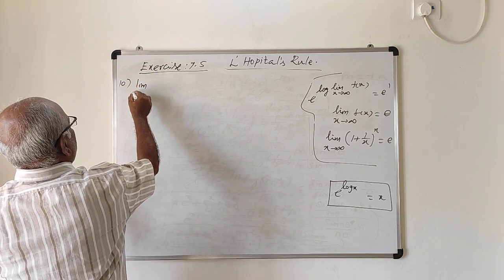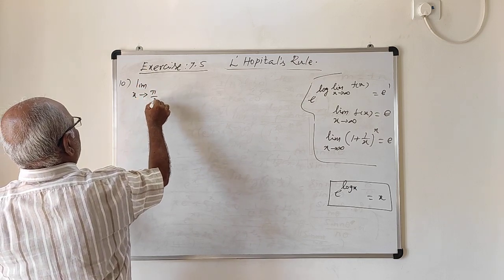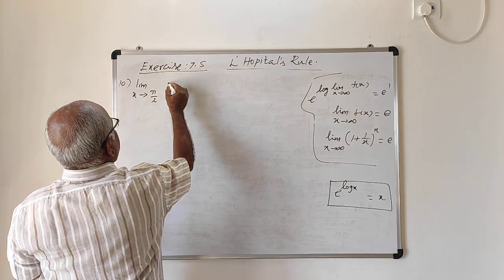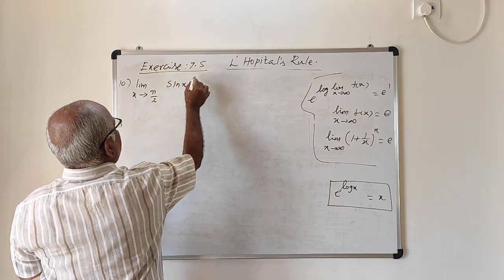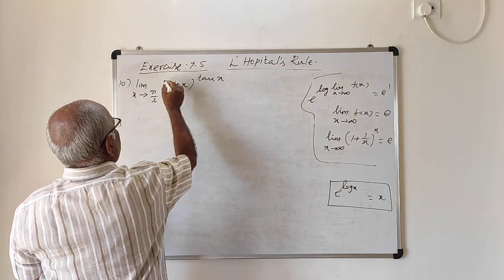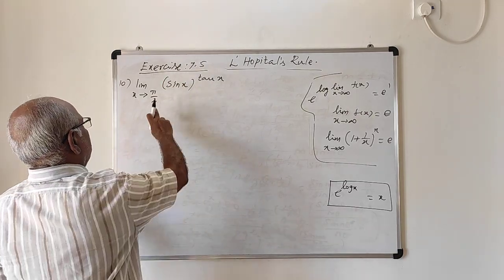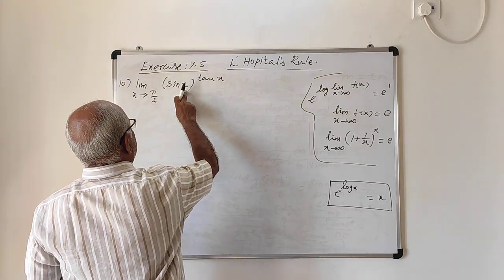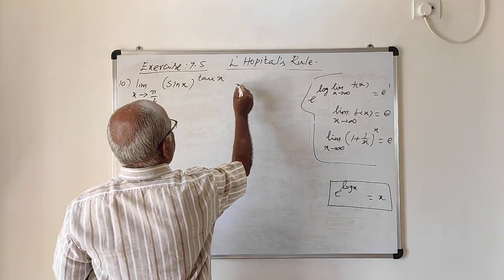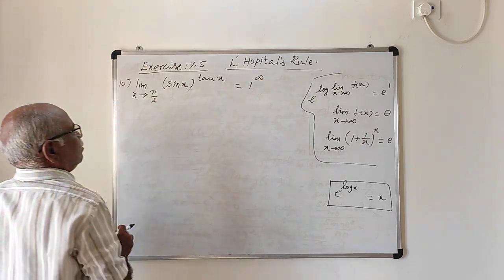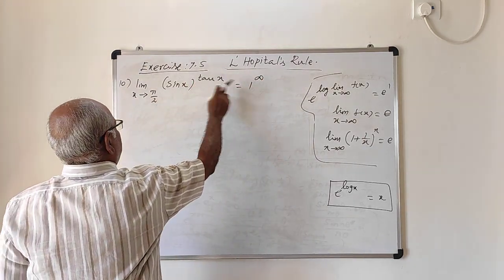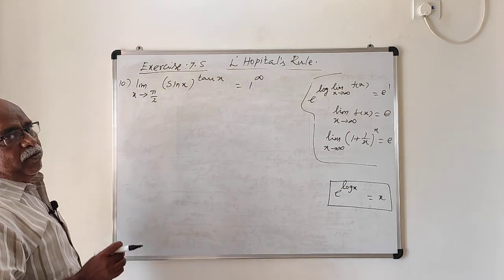Limit x tends to pi by 2 of sin x power tan x. This is your problem. If you apply the limit x tends to pi by 2, sin 90 is 1 and tan 90 is infinity, so it is a 1 power infinity indeterminate form. Straight away if you apply it, you will get an indeterminate form.